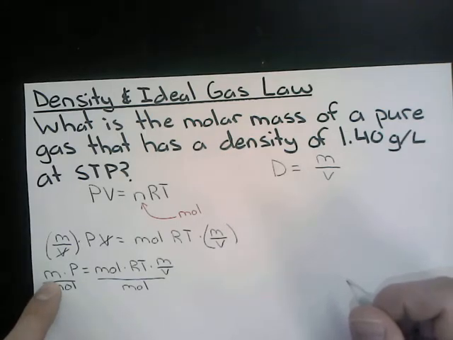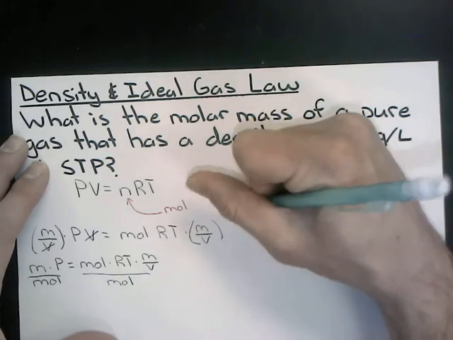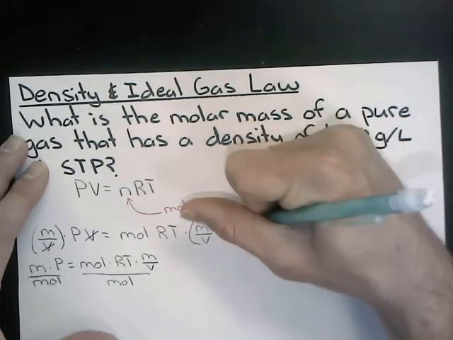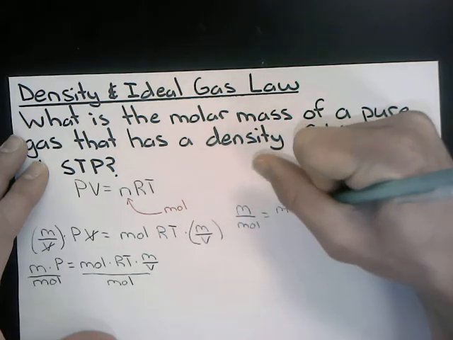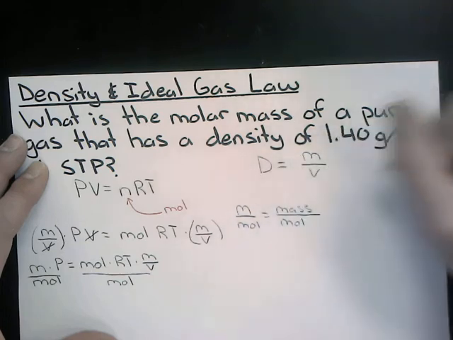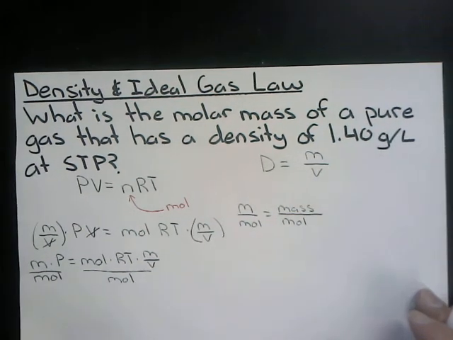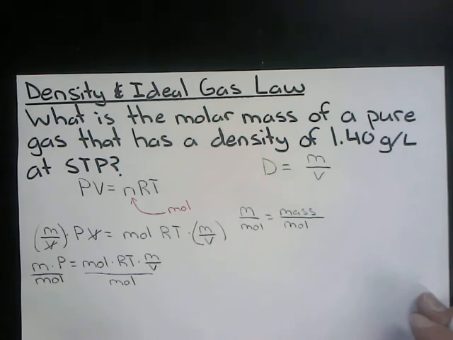M is for mass divided by mole. And so I'm going to write that down here. M divided by mole equals mass divided by mole. Well, what is the definition of molar mass?